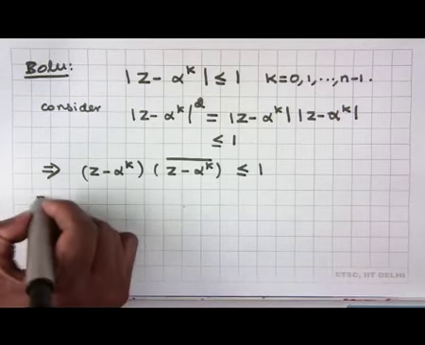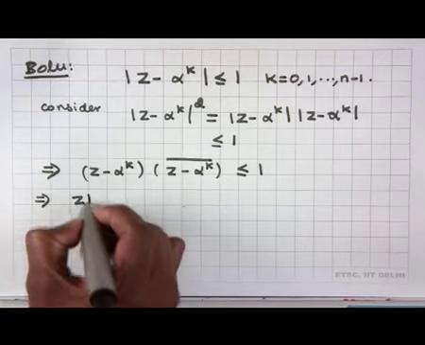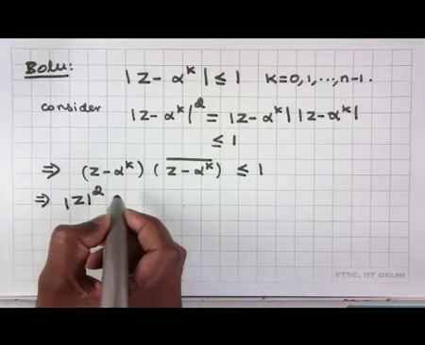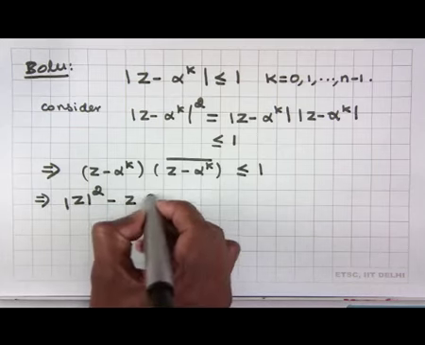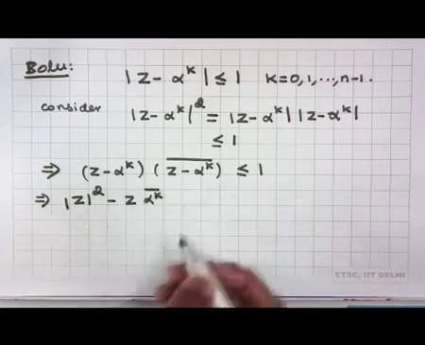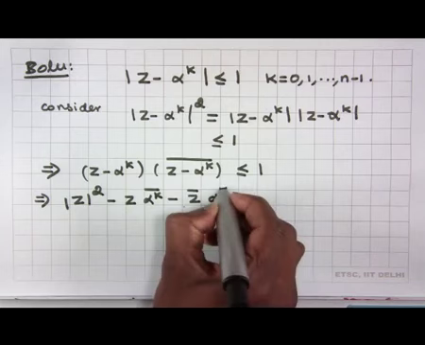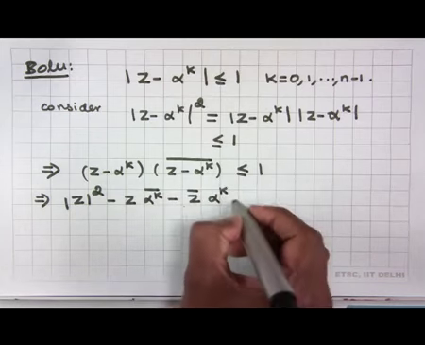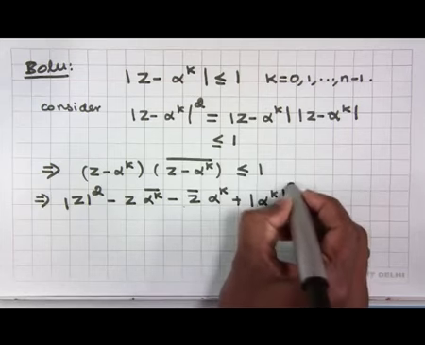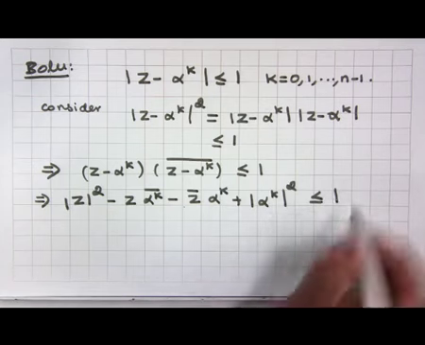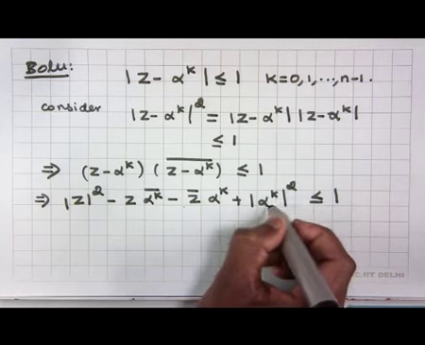Now, further expand the left hand side, this is mod z square and the other terms, z alpha^k bar minus z bar alpha^k, plus you get modulus of alpha^k square, which is less than or equal to 1. Recall that the nth root of unity lies on the unit circle.